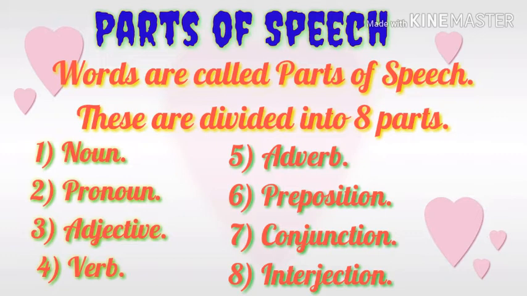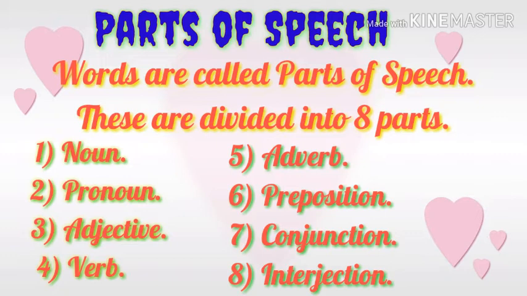And it is divided into 8 parts. What are these 8 parts of speech? We will discuss now. Okay? The 8 parts of speech are: noun, pronoun, adjective, verb, adverb, preposition, conjunction, and interjection.